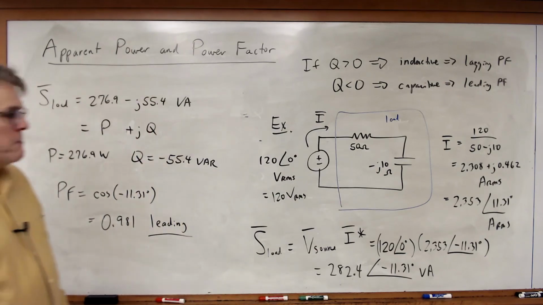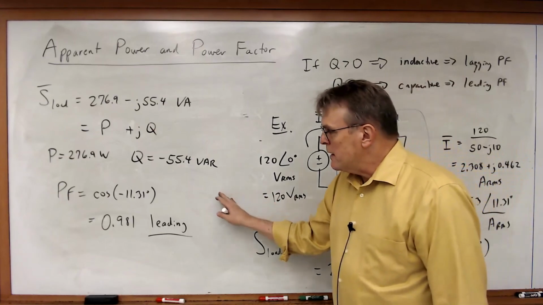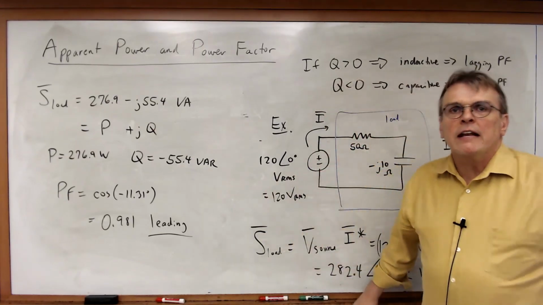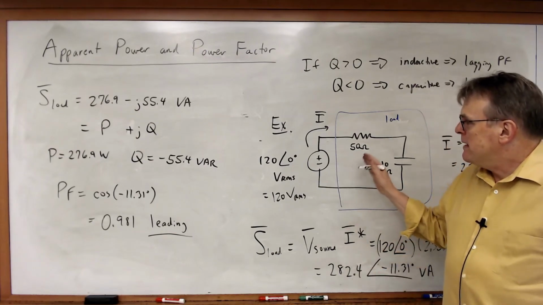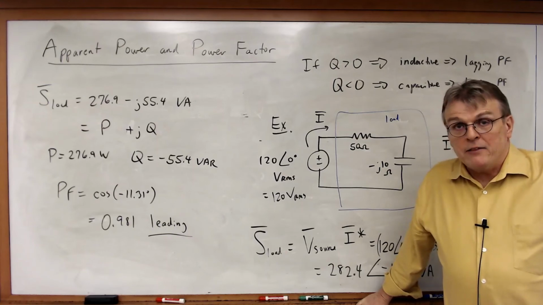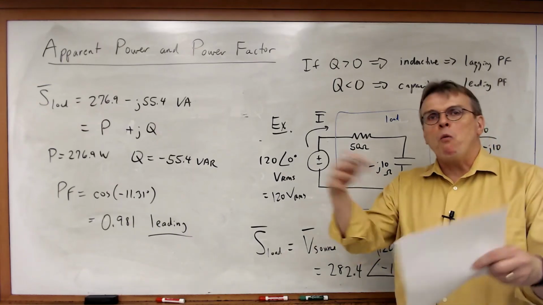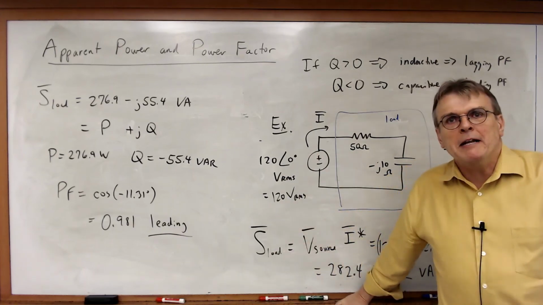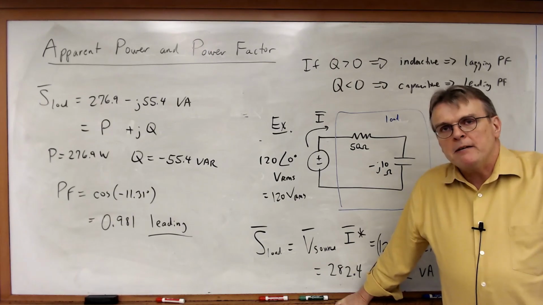Now, a couple of things to point out. Typically in industry, you will see lagging rather than leading power factors. And the reason why is most big industrial loads, for example, motors and the like, are typically going to be big inductive loads. They have windings in them to generate magnetic fields. So when you look at electric motors, you expect those to be inductive.